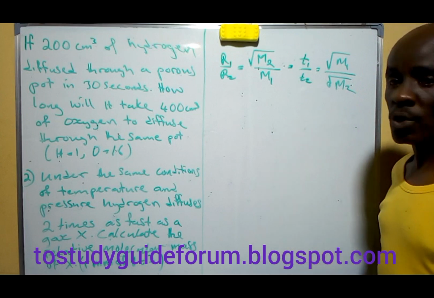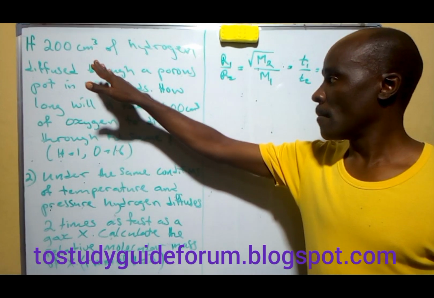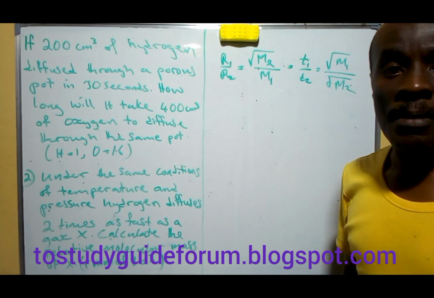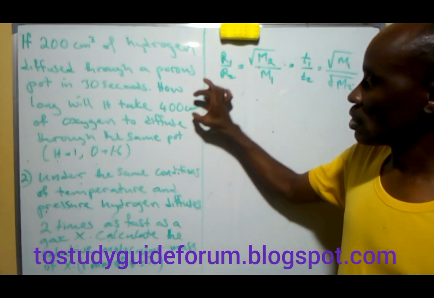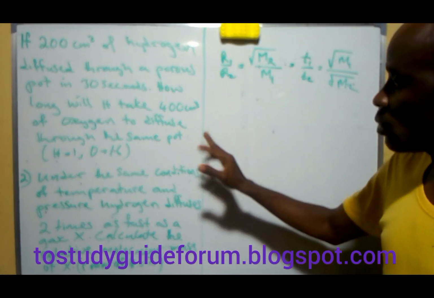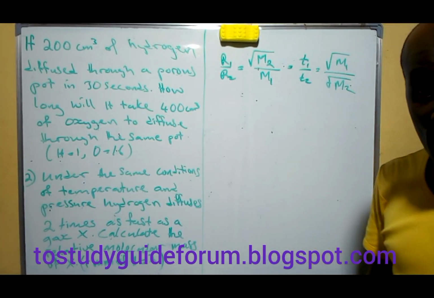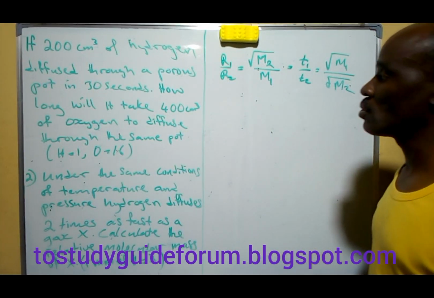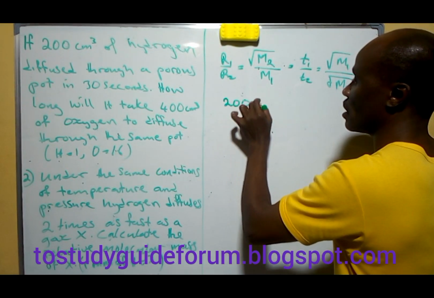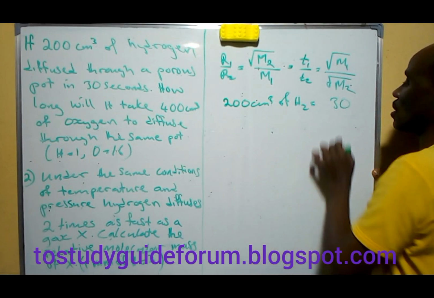Now, the first thing you do if you want to solve this question is to get the same volume, to know the time it will take the same volume of hydrogen to diffuse in the same porous pot. Because this is 400, this one is 200. You get the time it will take for 400 cm cube of hydrogen to diffuse in the same pot before you will be able to solve this problem. You can see that 200 cm cube of hydrogen is for 30 seconds.